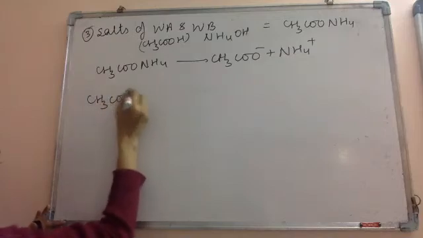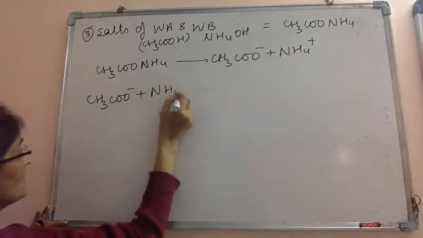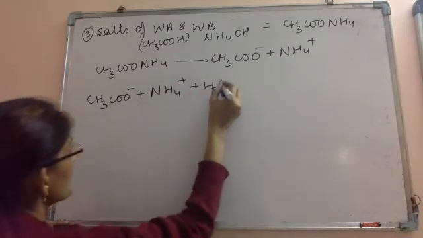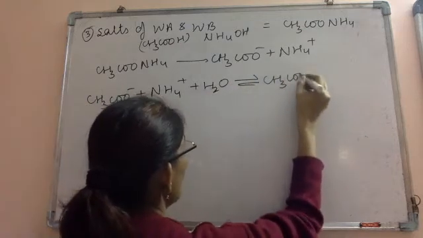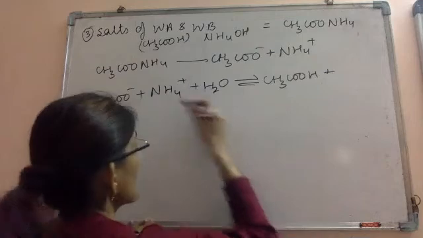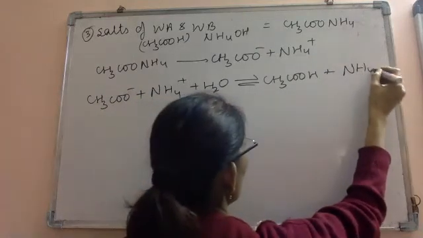CH3COO minus, NH4 plus both interact with the ions of water. ये H plus के साथ कंबाइन होगा एसिटिक एसिड बना लेगा. ये आपका OH के साथ कंबाइन होगा NH4OH बना लेगा.